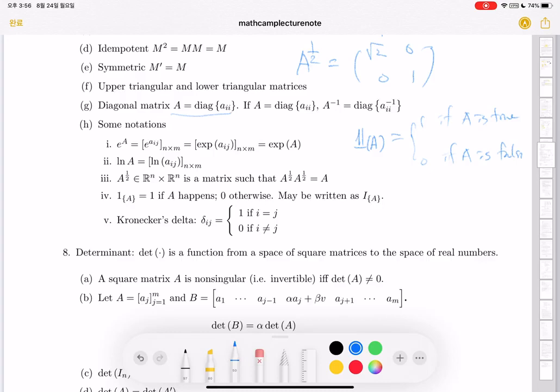For example, take y as the indicator of x greater than 2. Then the graph of y is this. Here's 2, here's x. This is the graph of y.